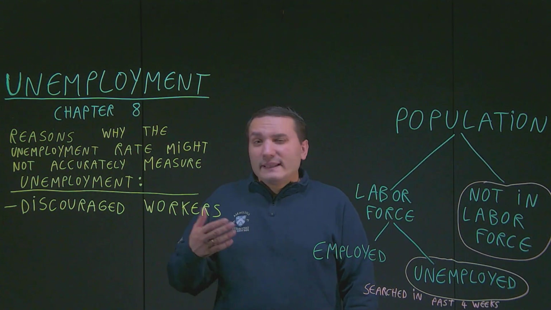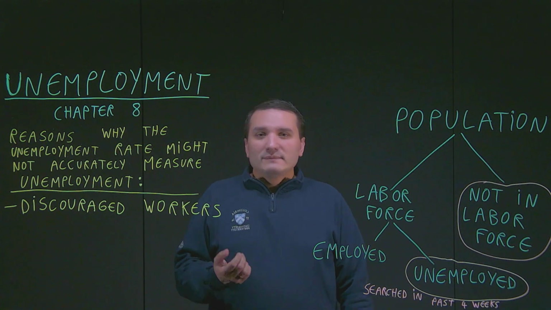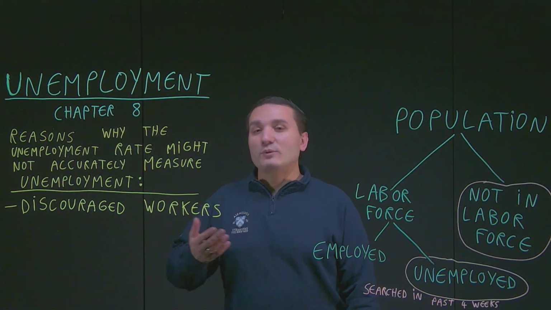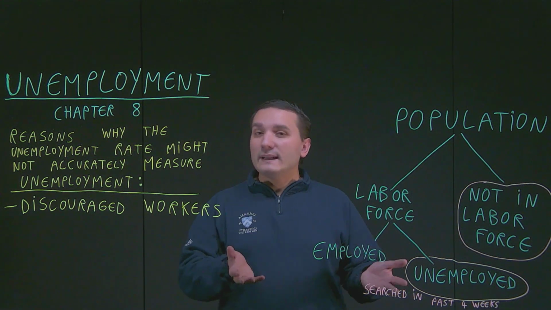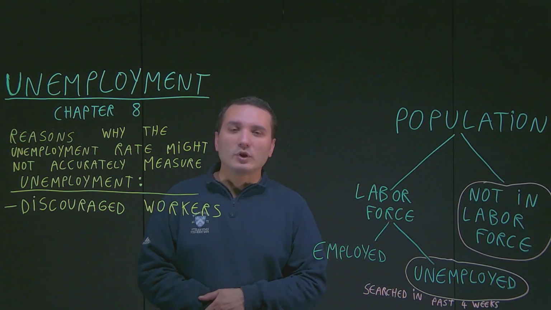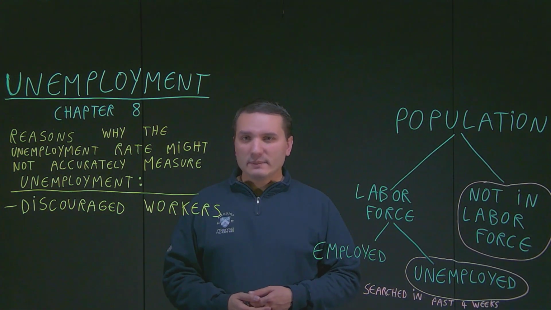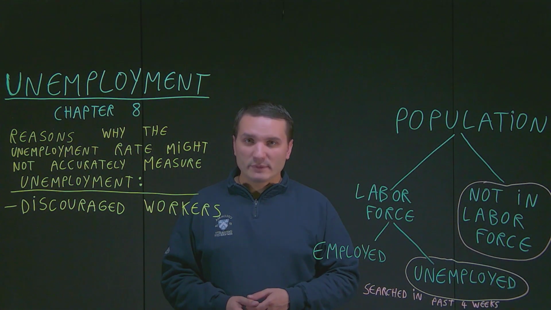So if you're working only 10 hours a week when you really want to be working 40 hours, then maybe you should count as 75% unemployed, like 3/4 of an unemployed person, maybe. We don't count it that way. We just count those people as employed and call it a day. But that might be a reason why the unemployment statistics don't quite fully capture the full phenomenon of unemployment.